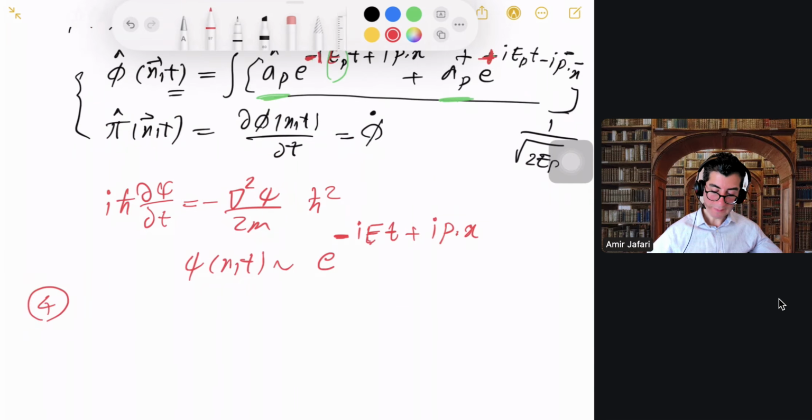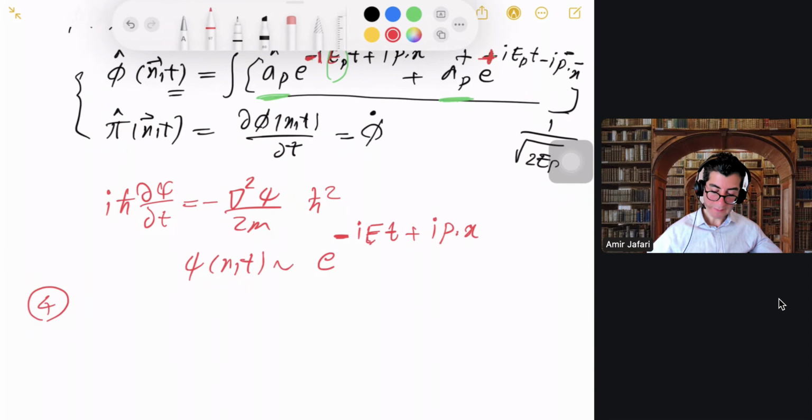So the point is that the energy or frequency term in this exponential for the Schrödinger case comes with a minus sign. This is the reason we put a minus sign here in the Klein-Gordon Fourier transform. And the other term is just the complex conjugate of that, so you get a reversed sign.